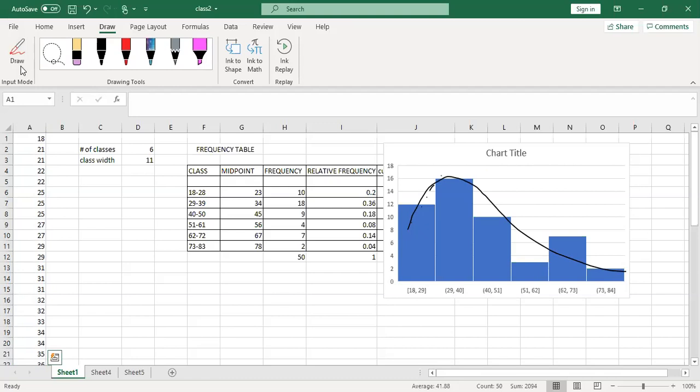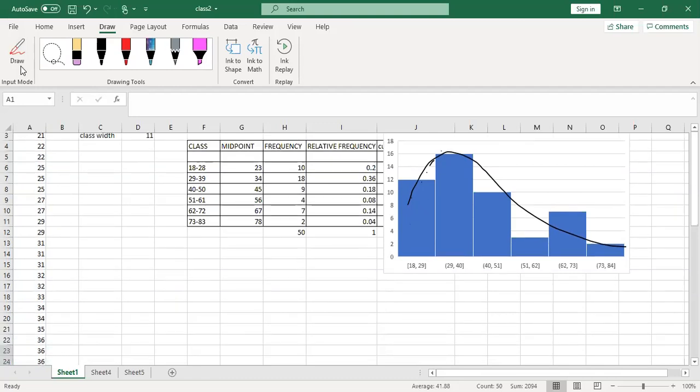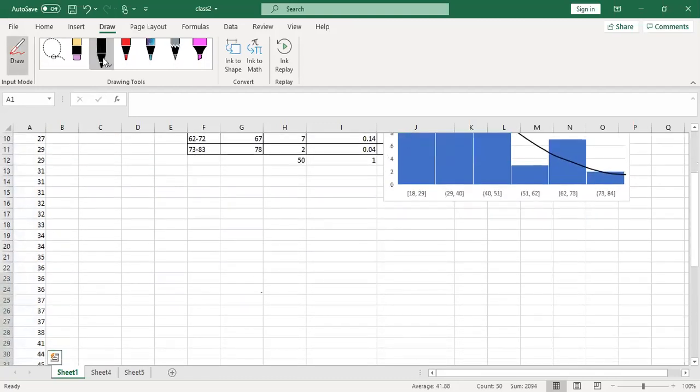Some histograms look like this. A bar here, then one that is higher, and then another one that is higher, and then they get symmetric on both sides.